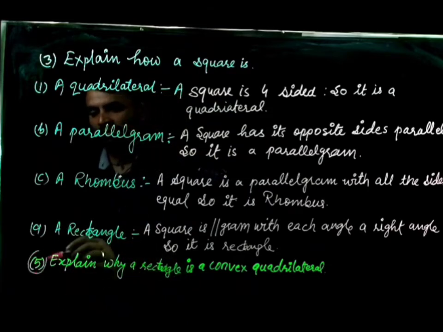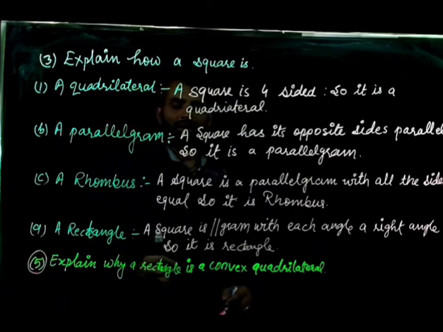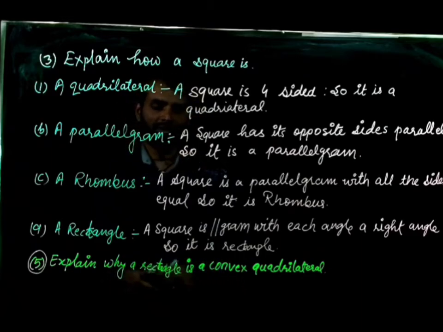Question number 5 is: explain why a rectangle is a convex quadrilateral.